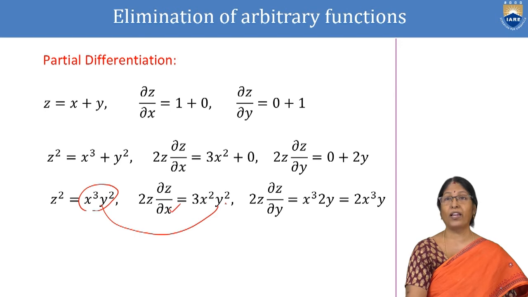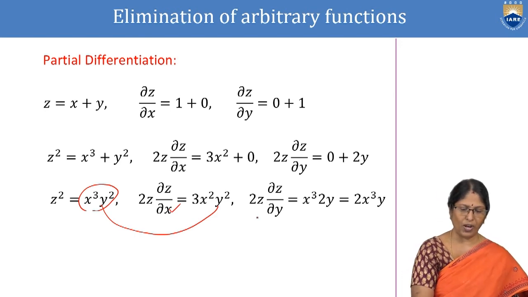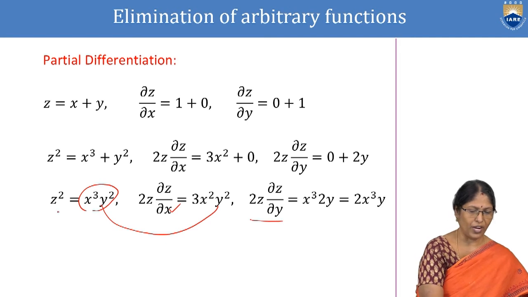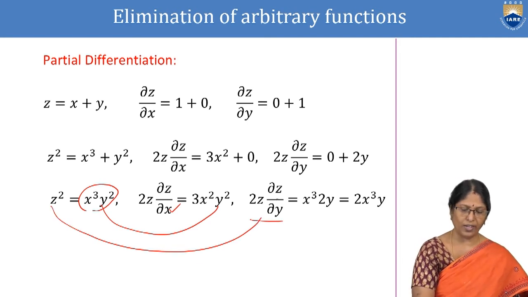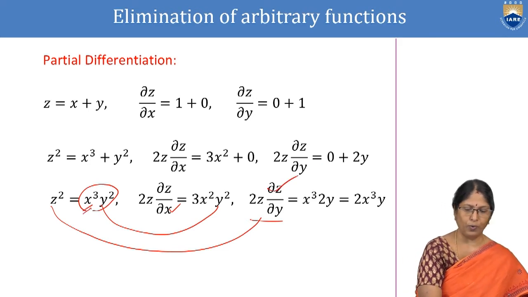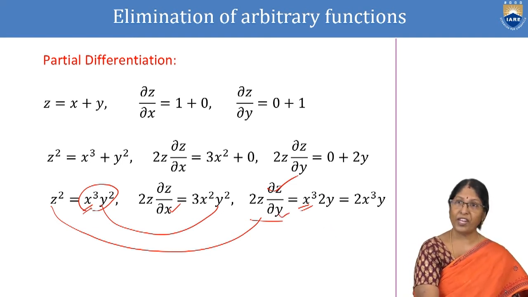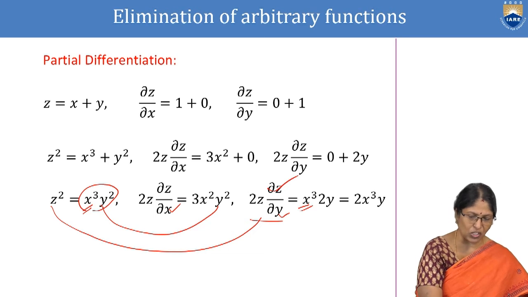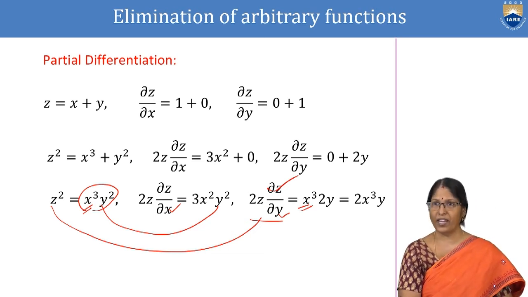The next one we are going to do partially with respect to y. 2z dou z by dou y. Next, x cube, it is written. Even though we are favoring y, the other variable is also written because these two variables are combined with the operation multiplication.